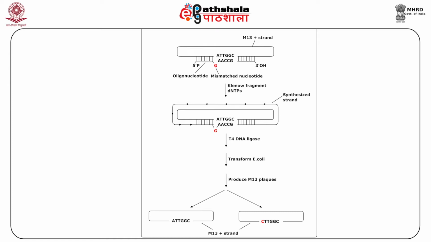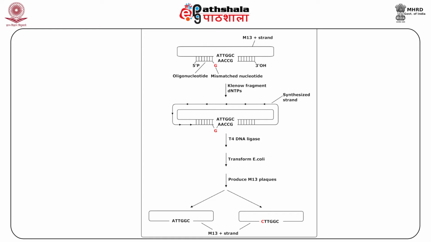So this is the usual DNA synthesis which is occurring. Klenow fragment is given, dNTPs are there. So it is going to form the double-stranded DNA with one base mismatch. Ligase is used to seal the nick, transformed into E. coli, and then various M13 plaques are produced.